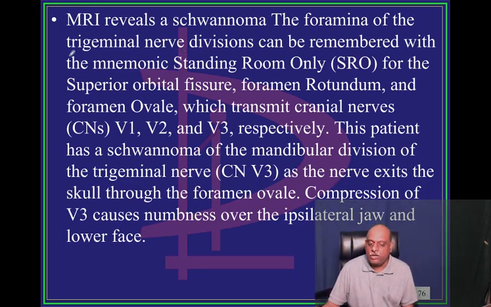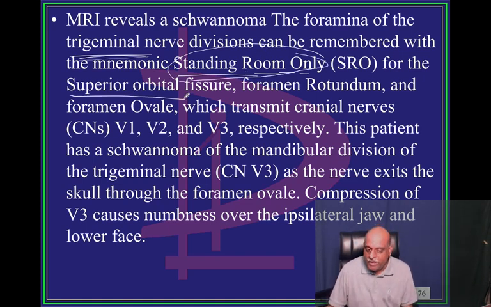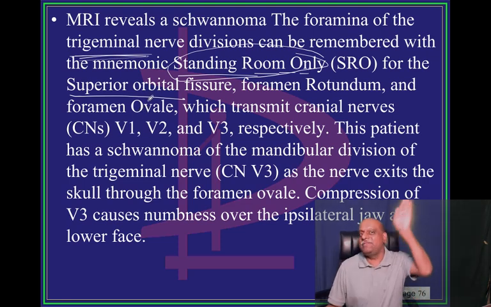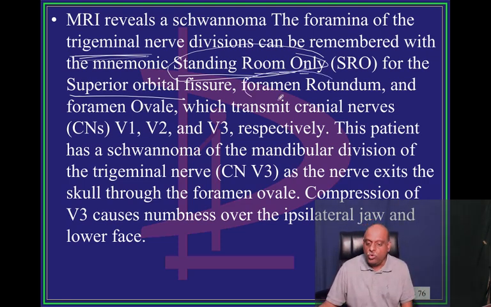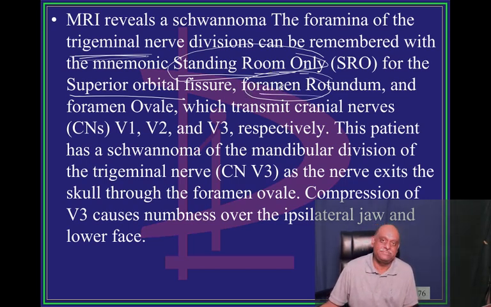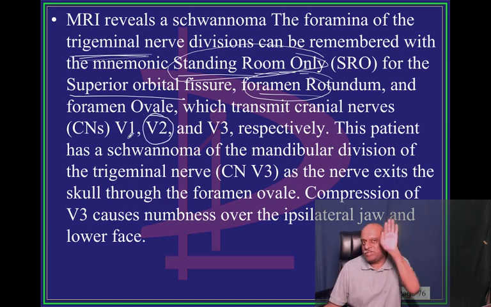The foramina of the trigeminal nerve divisions can easily be remembered by standing room only, SRO. That is superior orbital fissure. Through that what will pass? Ophthalmic division of fifth cranial nerve. Room is foramen rotundum. So maxillary division passes through rotundum.